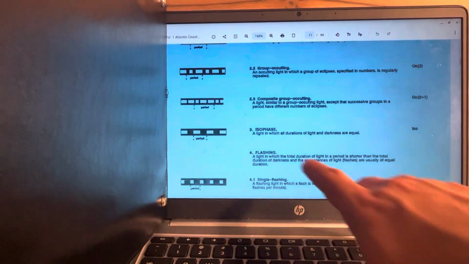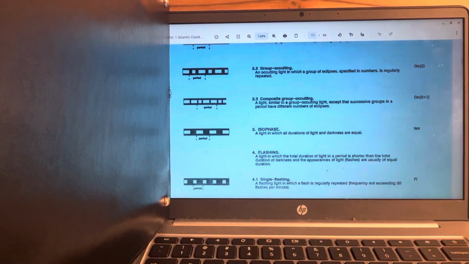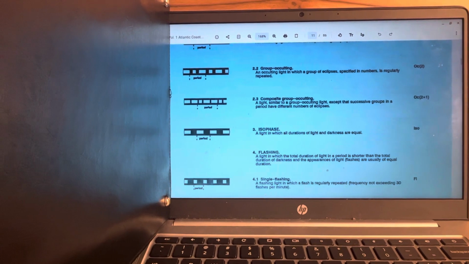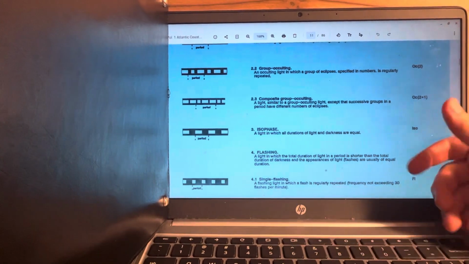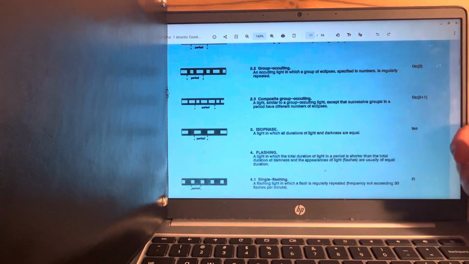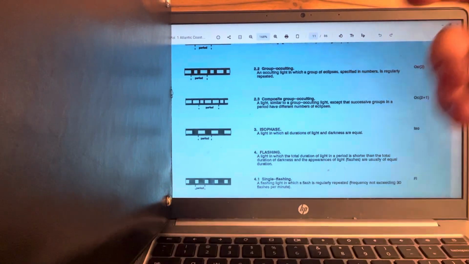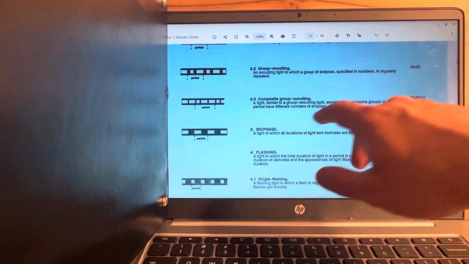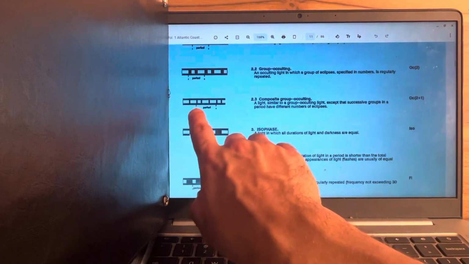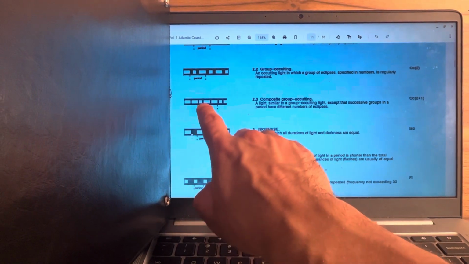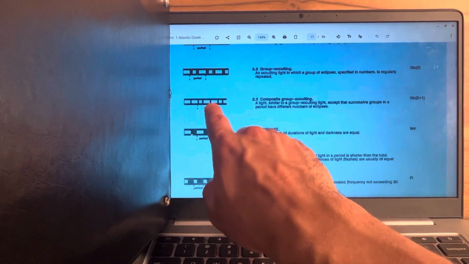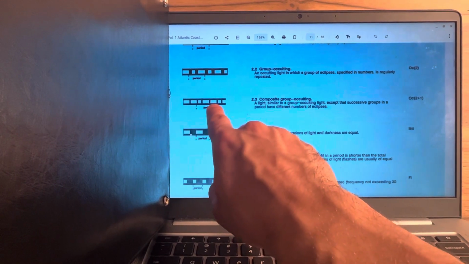Group occulting is when it turns off in different patterns, where it might at first blink off twice, and then it'll be on for a little bit, and then blink off once, and then be on for a little bit, and then repeat that cycle here, which is exactly what it shows here. It's on for a bit, off, on for a bit, off once, then on for a bit again.